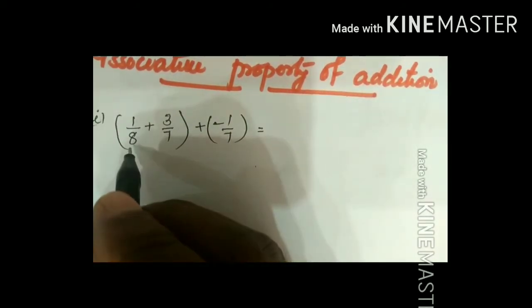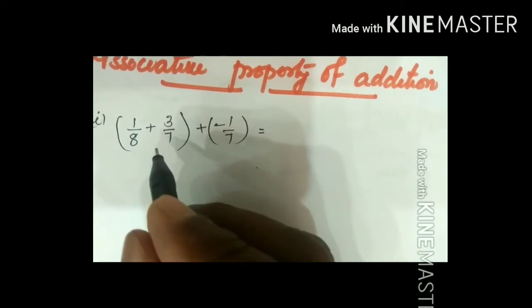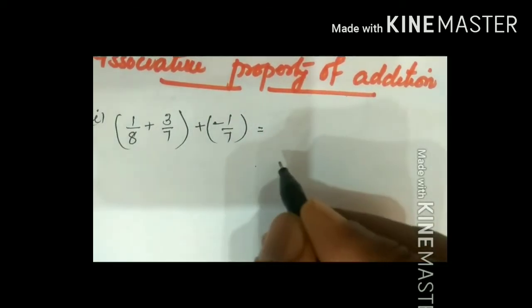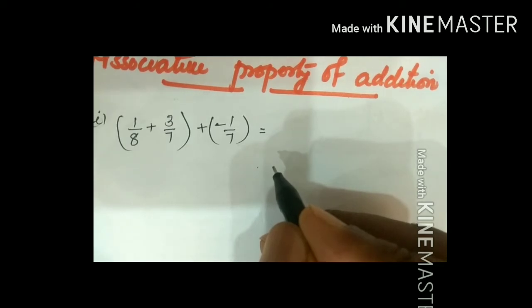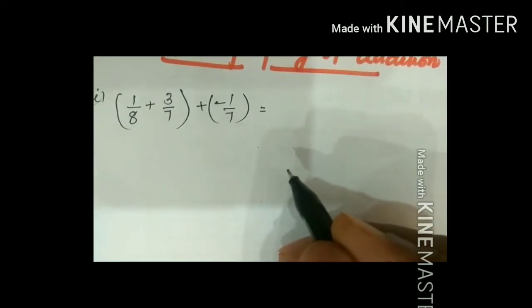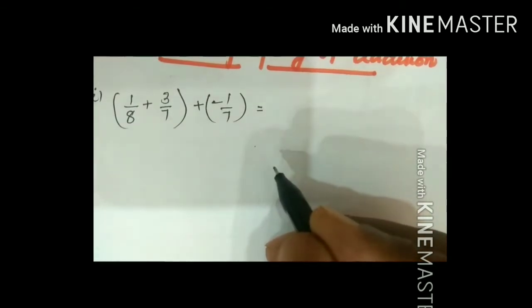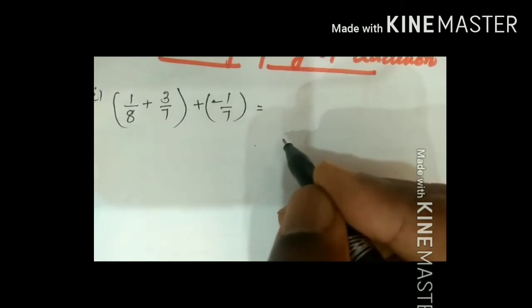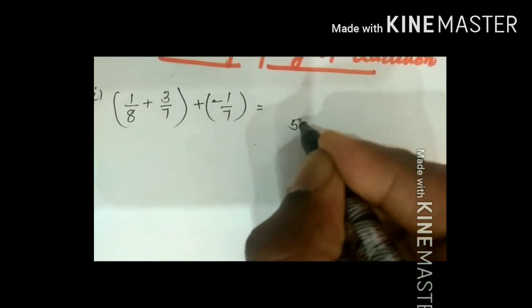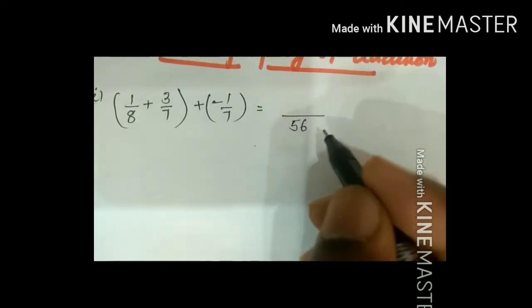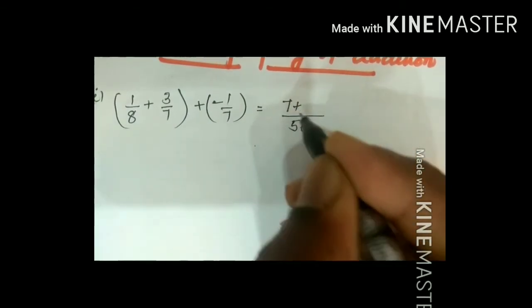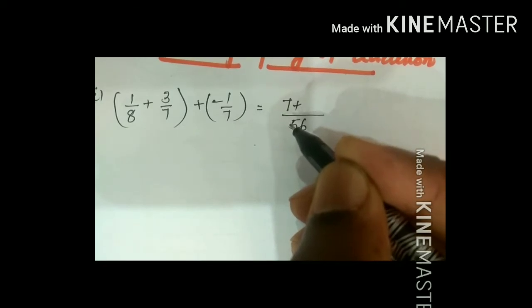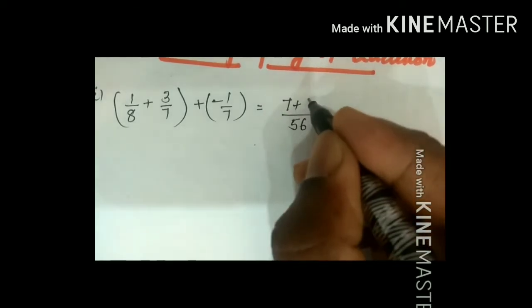Let's do it here. In 1 by 8 plus 3 by 7, the denominators are 8 and 7. Since the denominators are different, we have to take the LCM. What's the LCM of 8 and 7? It is 56. Now let's find the numerators. 8 7s are 56, so 1 into 7 is 7, plus 7 8s are 56, so 8 3s are 24.